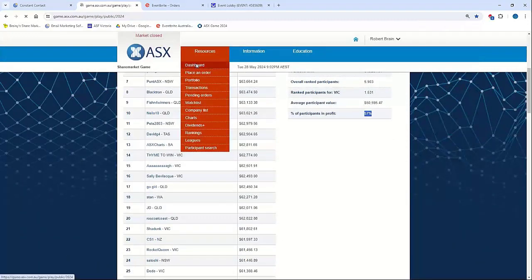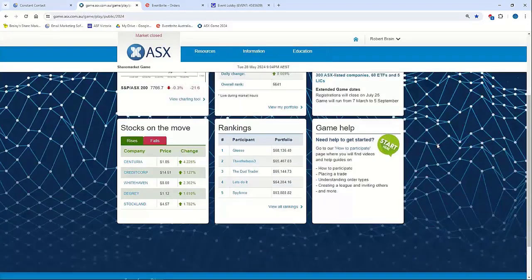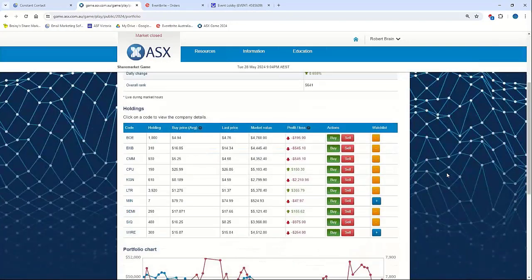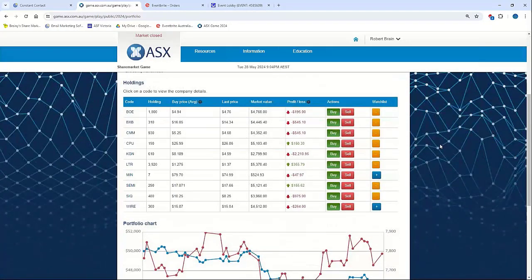So our own portfolio, view my portfolio. Our BullCharts one, there it is. I'm thinking we should sell Kogan forthwith. I can't remember who wanted to buy it. How many are there? 610.